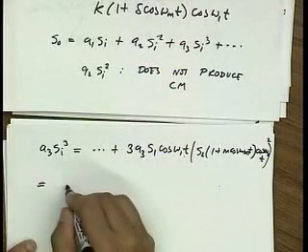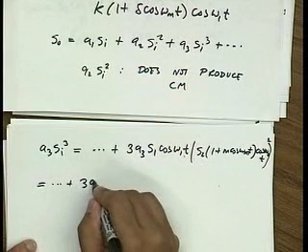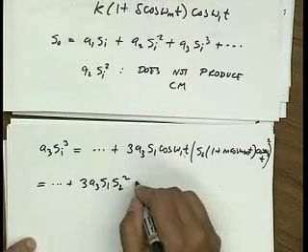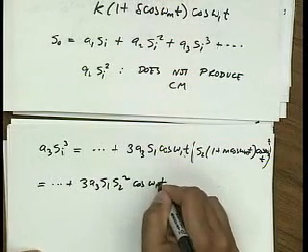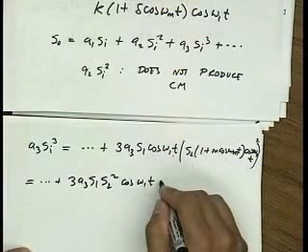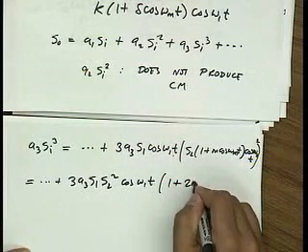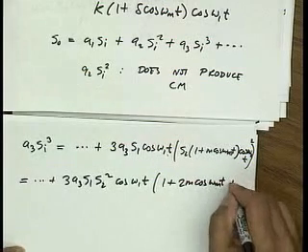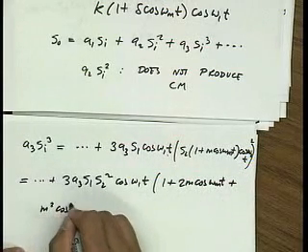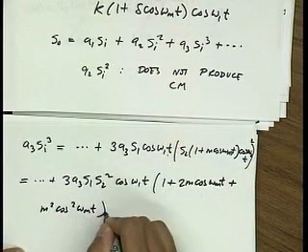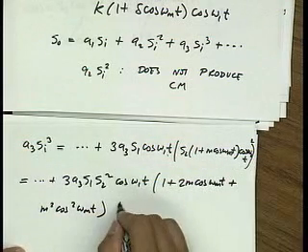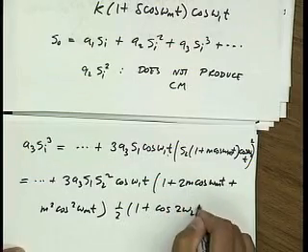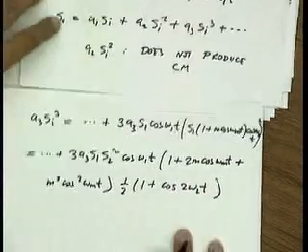So if we expand this, we get 3a3 s1 s2 squared cosine omega 1t times this term squared, which is simply 1 plus 2m cosine omega mt plus m squared cosine squared omega mt, all times this term squared, which is 1/2 1 plus cosine 2 omega 2t. Okay?